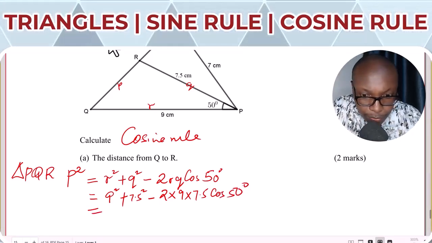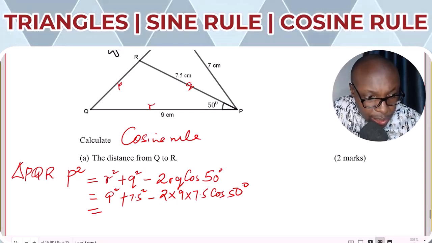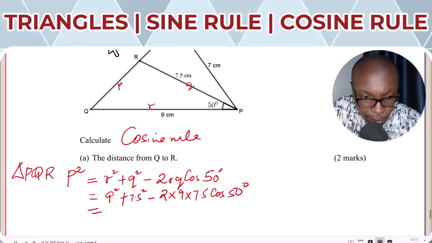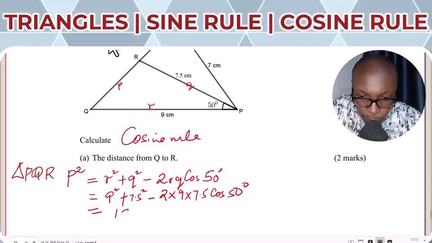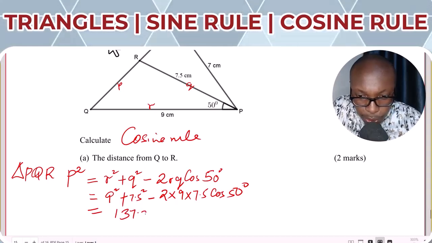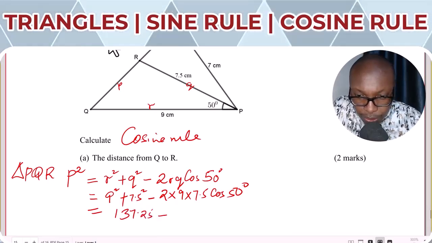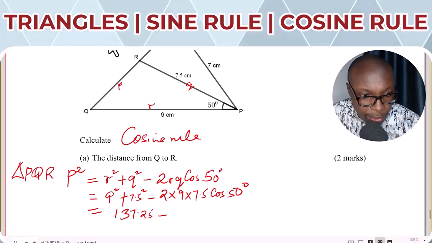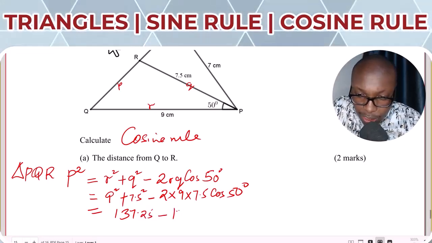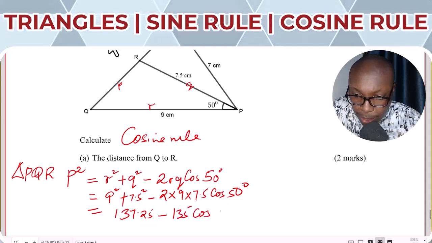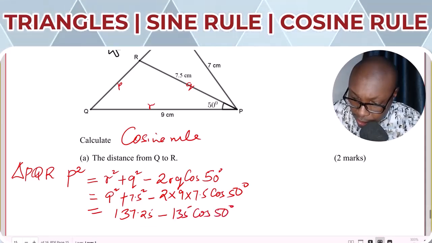I'll start with 9 squared plus 7.5 squared. This will give 137.25. Then subtract 2 times 9 times 7.5. That will give 135. Then multiply by the cosine of 50 degrees.